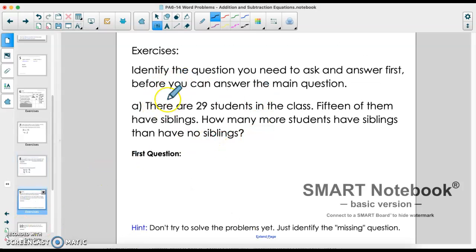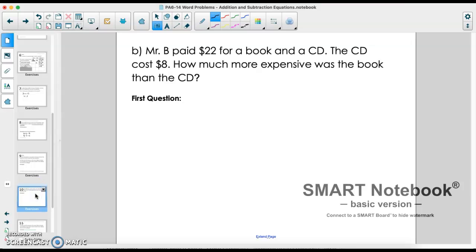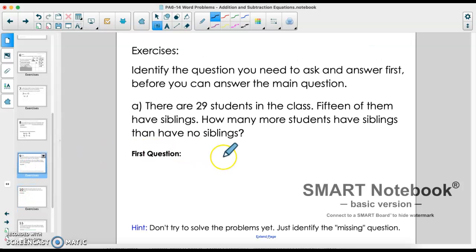And so here we're asked to, again, identify the question you need to ask first and answer first before you can answer the main question. It says that there are 29 students in the class. 15 of them have siblings. How many more students have siblings than no siblings? And so the first question that we have to ask here is how many students don't have siblings in the class.